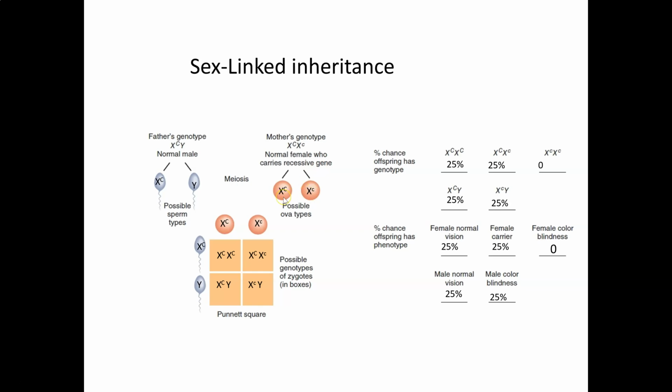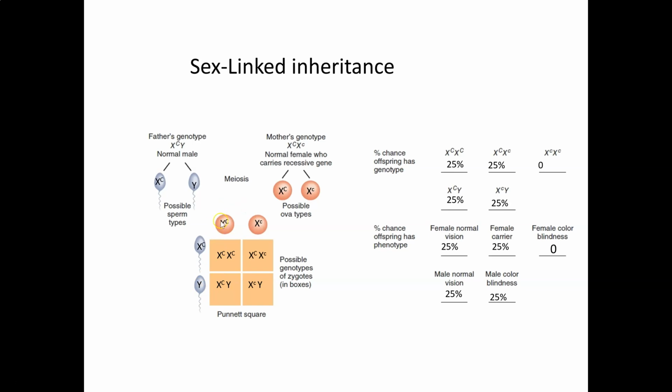The two types of gametes generated by the mom are written up like this, including the X chromosome: X^C or X^c, the two possible X chromosomes coming from mom. The dad has only one X, which carries the normal, dominant allele, so for the sex chromosome, 50% of his gametes carry an X chromosome with the normal allele, and 50% carry a Y chromosome.